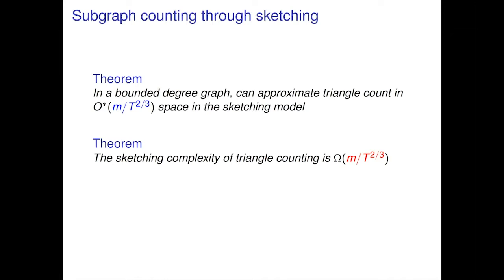Note that if you haven't seen triangle counting results before, most of them come in this flavor. It is some number divided by some function of the triangle count. Indeed, it is easier to find triangles in graphs where there are a lot of them.